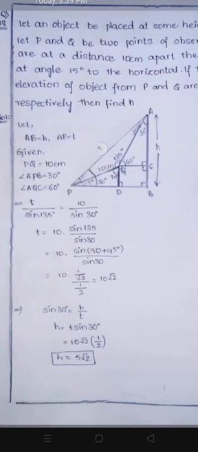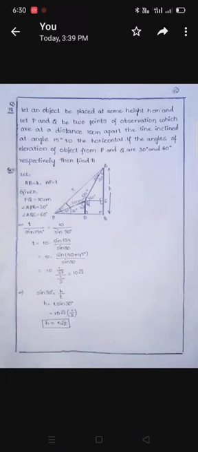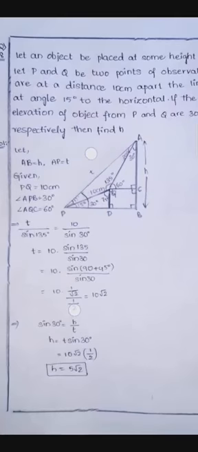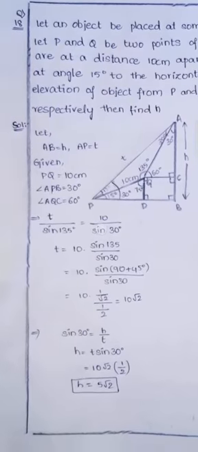Means T by sine of 135 degrees is equal to 10 centimeters by sine of 30 degrees. So by the sine rule for the triangle PQA, T by sine 135 degrees is equal to 10 by sine 30 degrees. Now we are solving this equation for T.